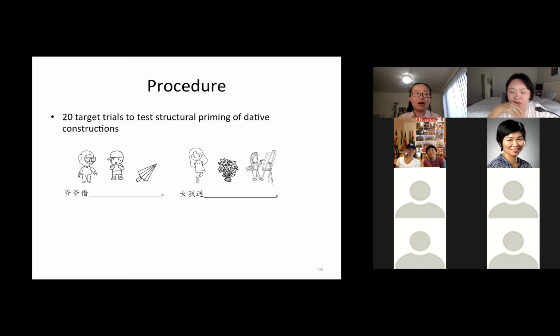For example, in the first picture, the boy is before the umbrella, but in the second picture, the flower is before the painter. So it tries to control the order effect. If you always put the boy before the umbrella or the painter before the flower, participants might be affected by this order. So we have these 20 target trials.